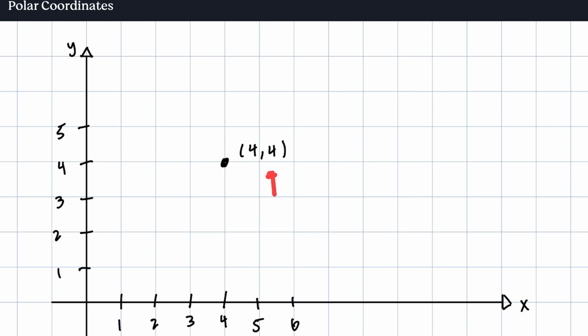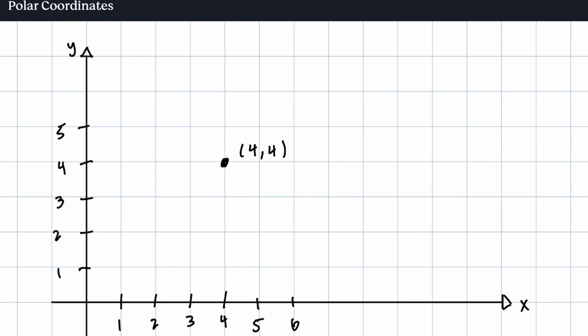The second number represents the distance that you travel along the y-coordinate line, and in this case we've traveled a distance of 4 units. And so plotting this point out, we get that its position is right here in the x and y plane.